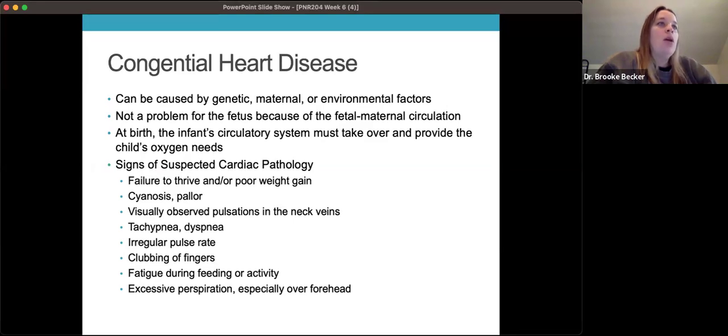Okay. Some signs that would make you suspicious of a cardiac pathology or congenital heart defect would be kiddos who are not gaining weight appropriately, so their failure to thrive. They have cyanosis.